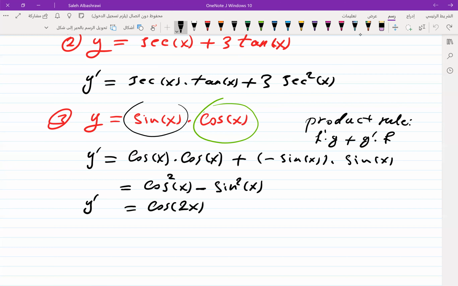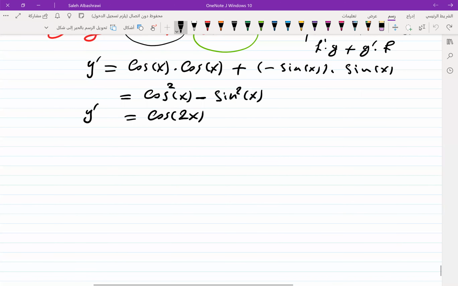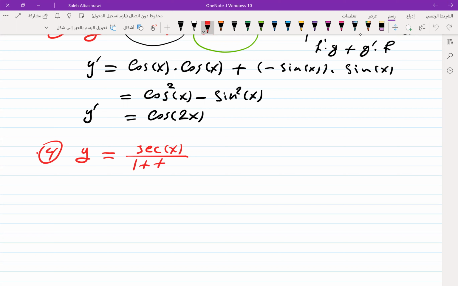Take one more. Number 4. Y equal to secant of x divided by 1 plus tangent, and we need to find the derivative.